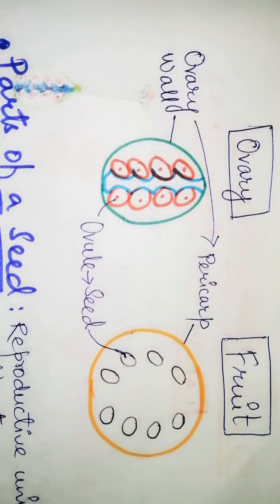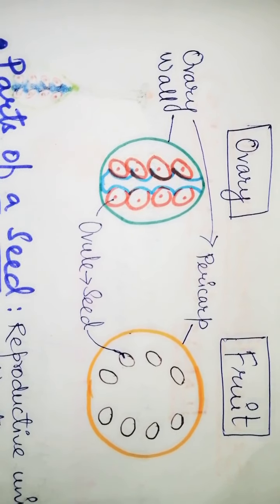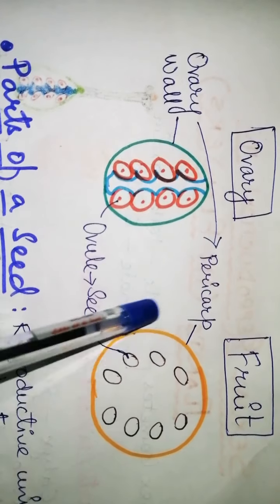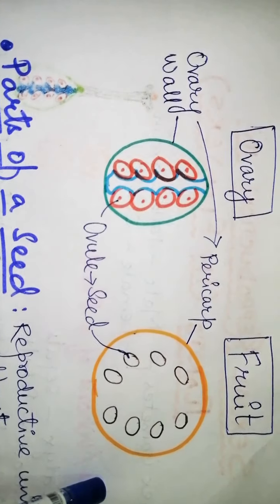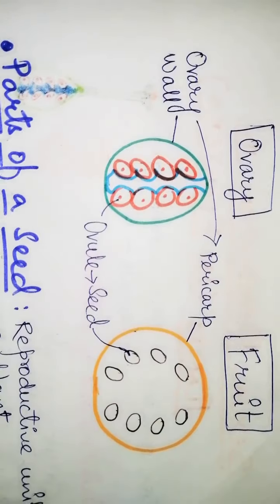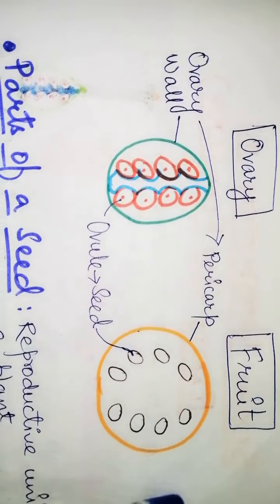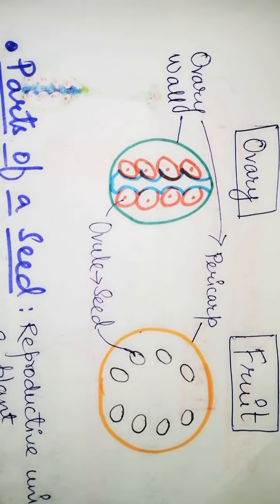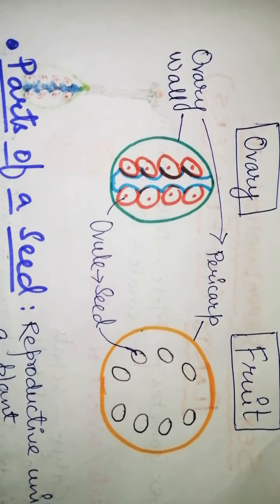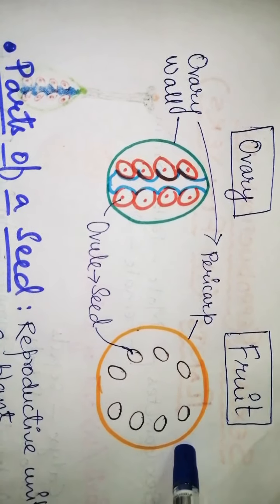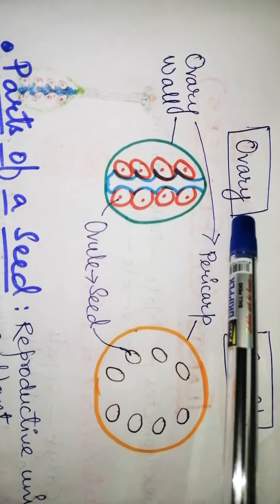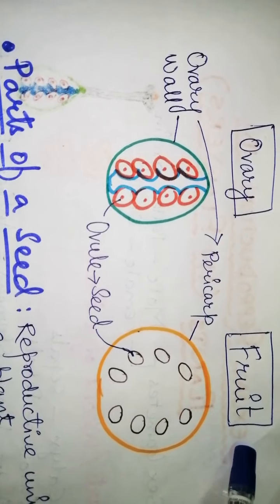All the different whorls present apart from this ovary, they fall off. Means the sepals, the petals and the anthers, they all fall off from the flower, and all the nutrition is utilized by the ovary to form a fruit.